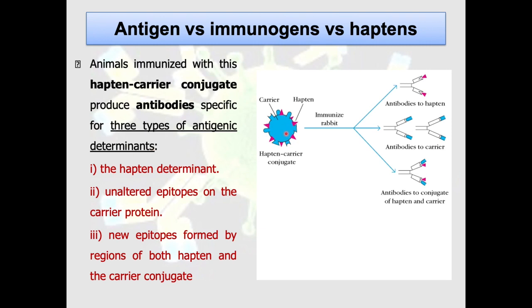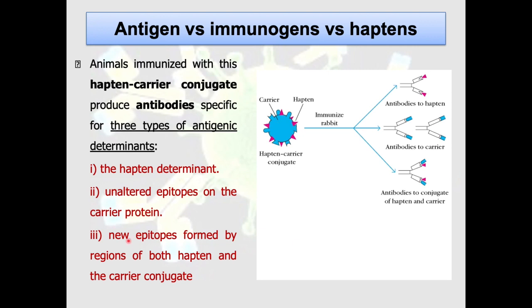Right, so this is the carrier and this is the haptens. Okay, so we immunize the rabbits with this hapten carrier conjugate, and the three types of antibody that can be produced, the first one is basically based on the haptens. So antibodies can recognize the haptens, and the second one is unaltered epitopes on the carrier proteins. Okay, so the carrier protein also has its own epitopes, so the antibody can also recognize the carrier.